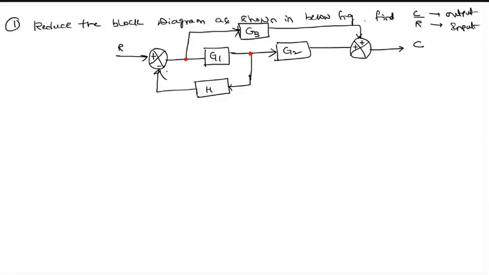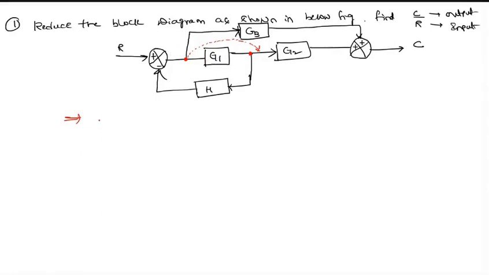So my first assumption is we need to take this branch point after the block. Here an arrow mark will be given like this. That means this branch point is shifting after this G1. If I shift this branch point after this one, then we get some freedom, and we can make any modification.